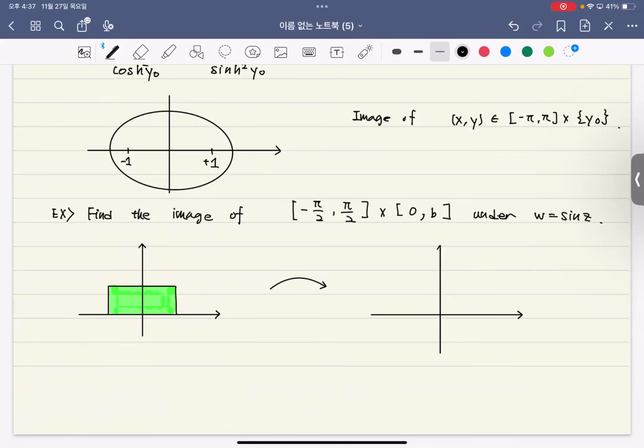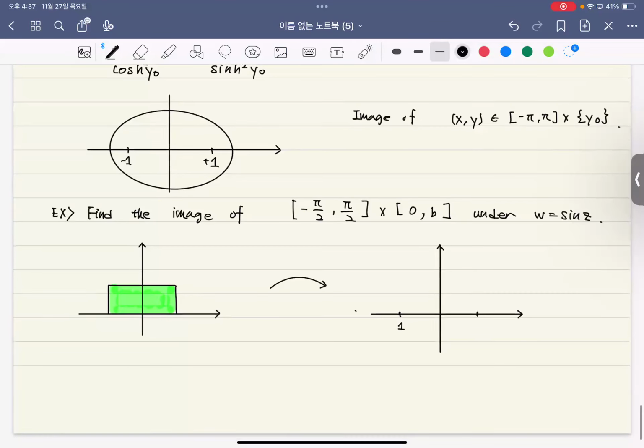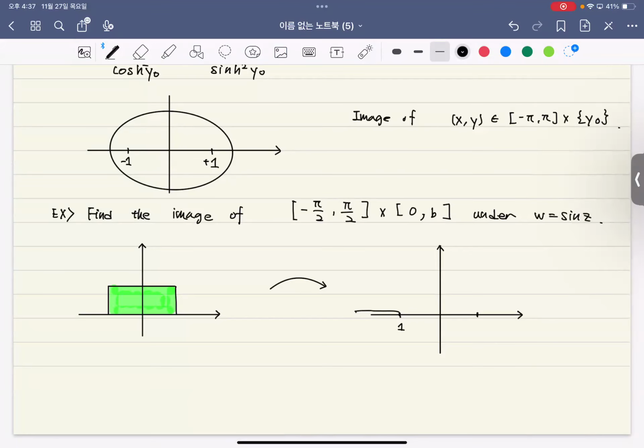I know this is the right picture. It looks like this. Everything above this here is going to be the image when your x is between this and that.